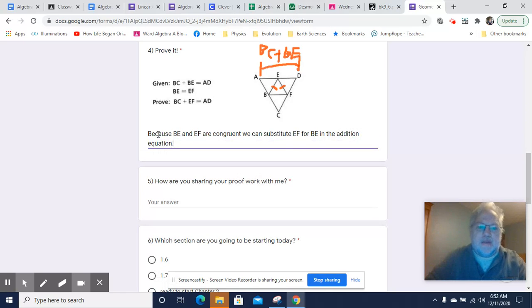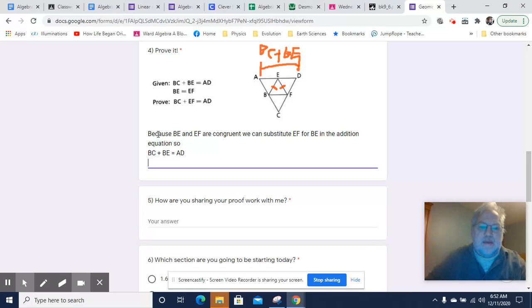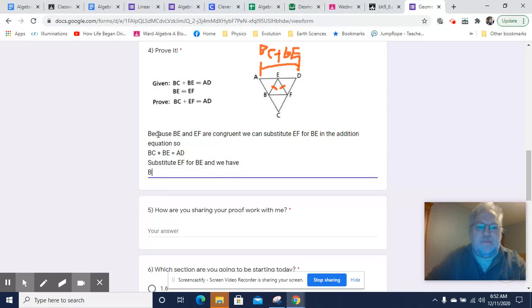So we have BC plus BE equals AD. Substitute EF for BE, and we have BC plus EF also equals AD by substitution.